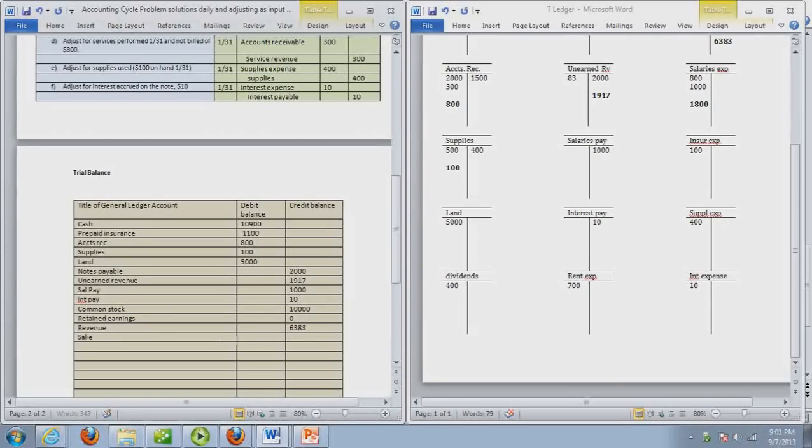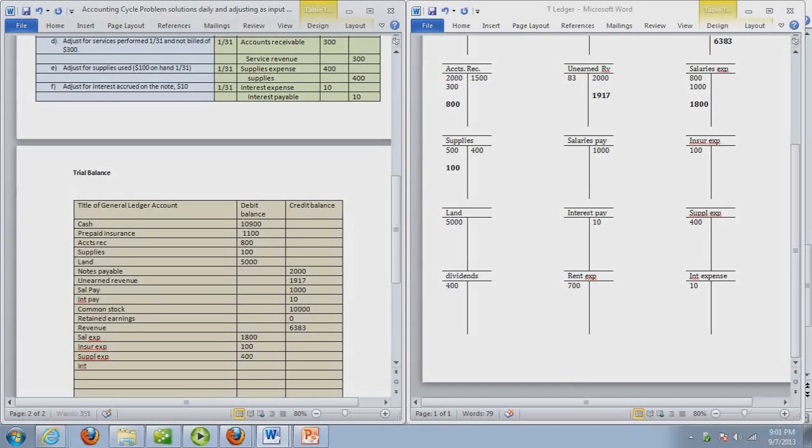Salaries expense is a debit balance of 1,800. Insurance expense, debit 100. And supplies expense, 400.